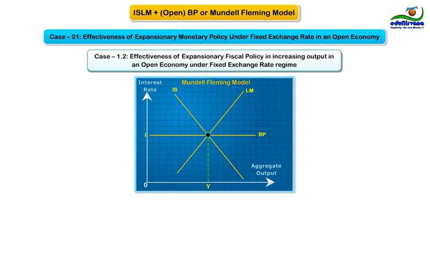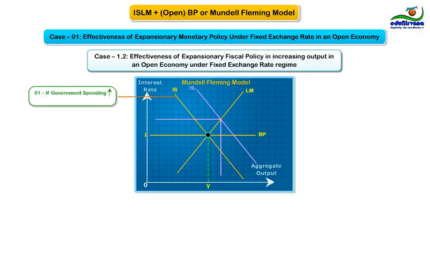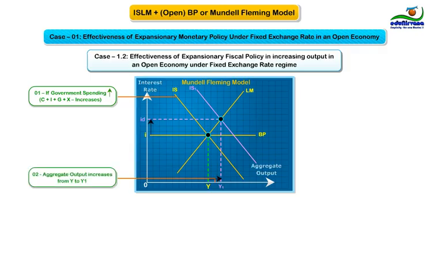Let's now see case 1.2, that is, effectiveness of expansionary fiscal policy in increasing output in an open economy under fixed exchange rate regime. With the increased government spending, IS shifts to IS1, that is, C plus I plus G plus X shifts up, as a result of which aggregate output or income increases from Y to Y1.